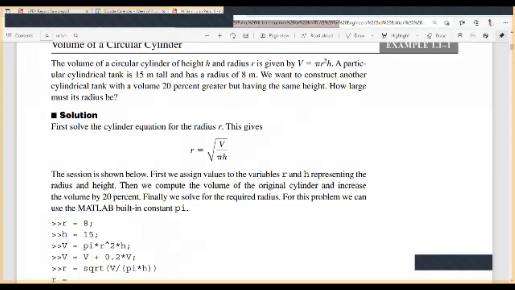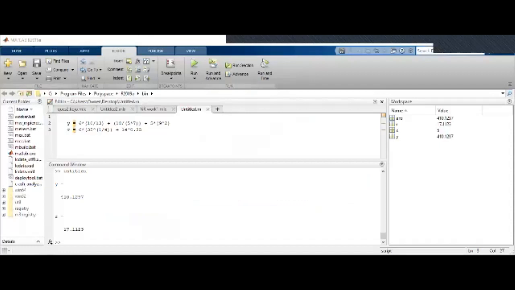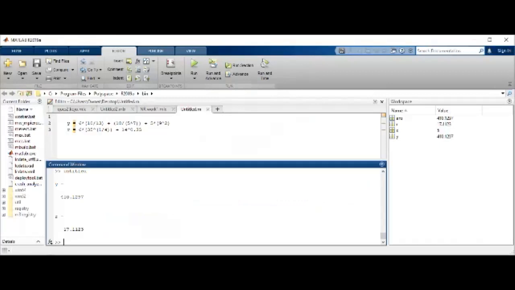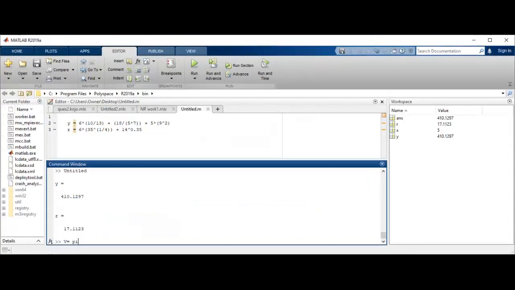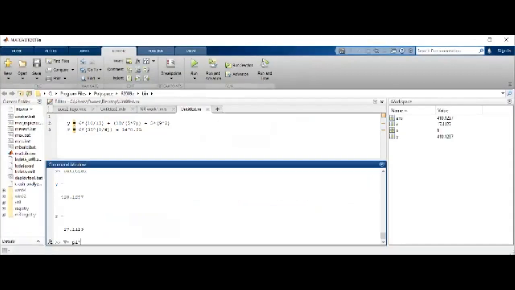Okay, very good. So now he's doing everything on the command window. So maybe let's also do that. If we want to find V, then V is equal to pi star, that is pi times R. And you know our R is actually raised to a power of 2.